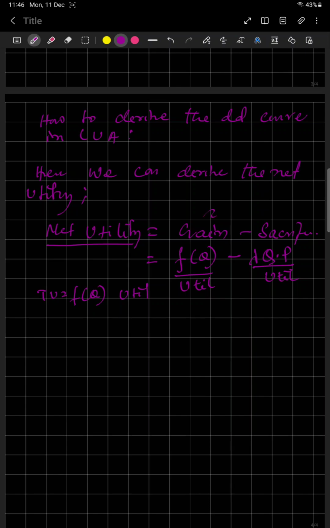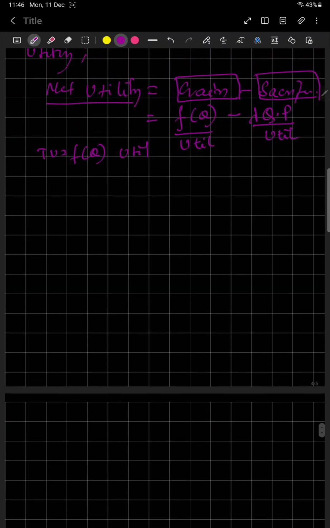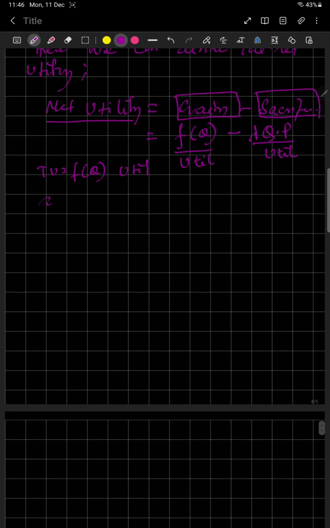Both sacrifice and gain are in utility terms. Now, as the consumer is a rational consumer, the objective is to maximize net utility.